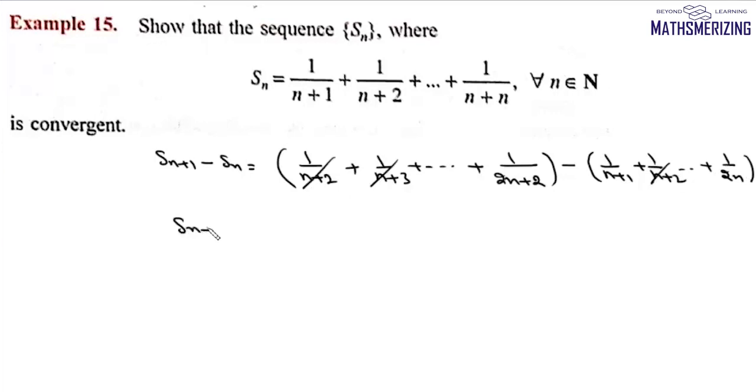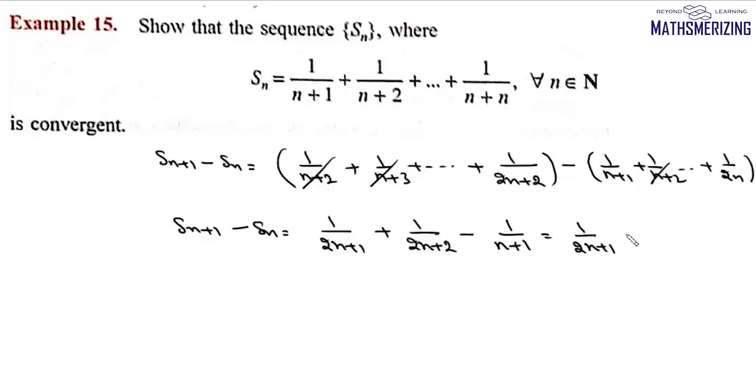So we'll get Sn plus 1 minus Sn is 1 upon 2n plus 1 plus 1 upon 2n plus 2 minus 1 upon n plus 1. Now we can write this as 1 upon 2n plus 1 minus 1 upon 2n plus 2.